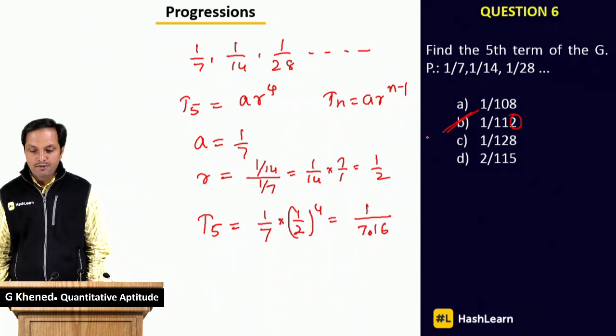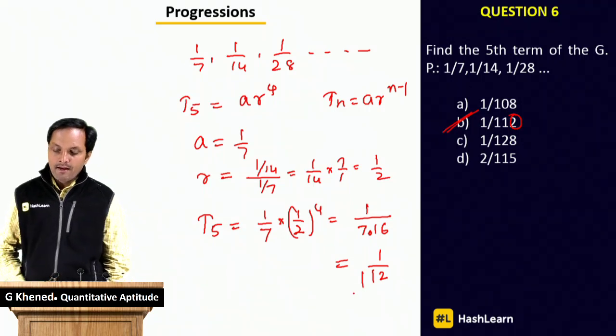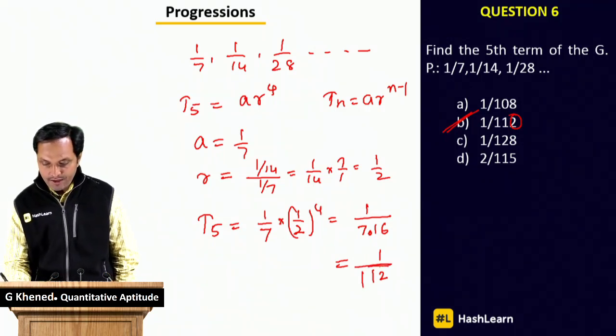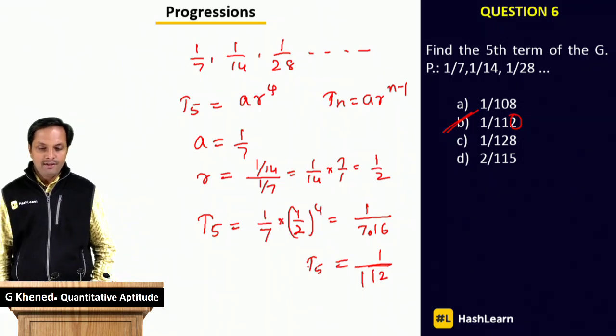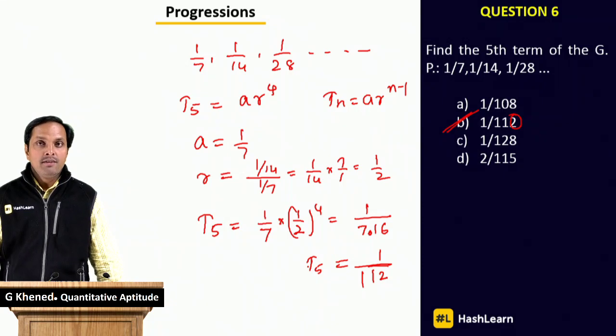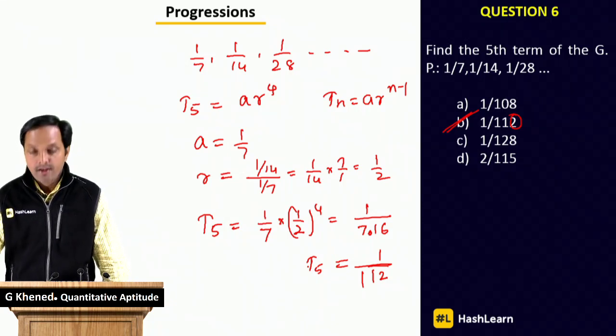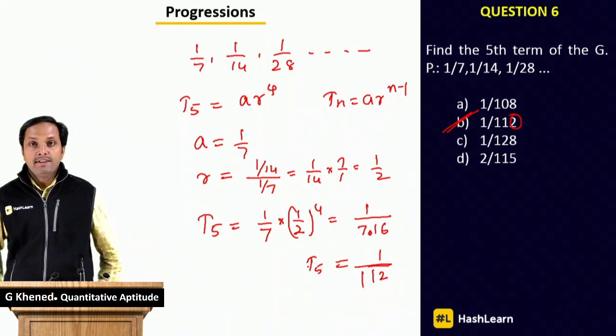That will give you option B. 1 by 112 is the fifth term of the GP 1 by 7, 1 by 14, 1 by 28. So the fifth term will be 1 by 112. Is it clear?